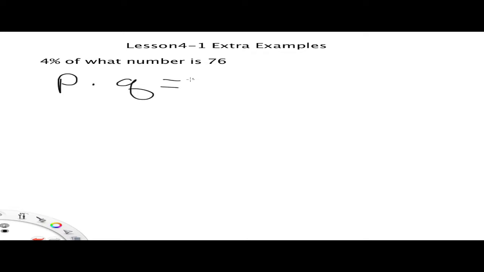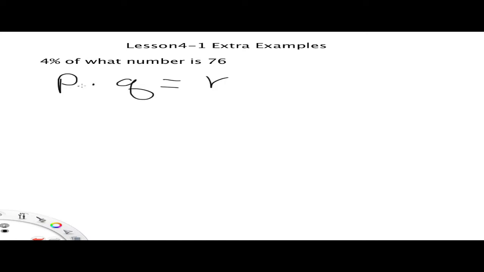Okay, we're on to some extra examples for 4-1, the percent problems. Let's take a look at our first one here. We've got 4% of what number is 76? And remember, we had our form of this, which was P times the quantity is equal to the resultant quantity.